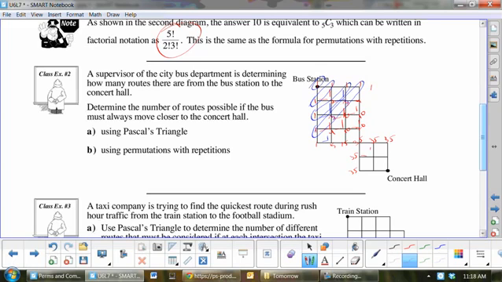And then you do these two, that's 70. And then 70 plus 35 is 105. Okay, and then 105 plus 105 is 210.